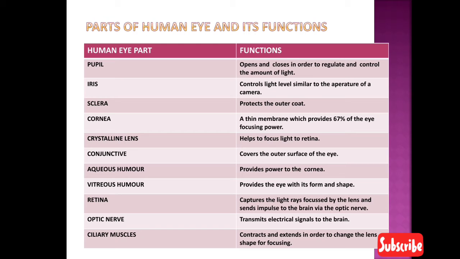Then next is the optic nerve. You have already got that. It transmits the electrical signals to the brain. And the last one is the ciliary muscles. The ciliary muscles contract and extend in order to change the lens shape for focusing. So these are the functions of the different parts of the human eye.